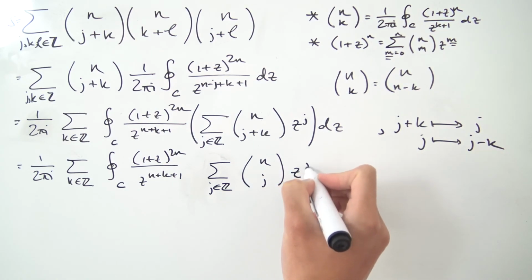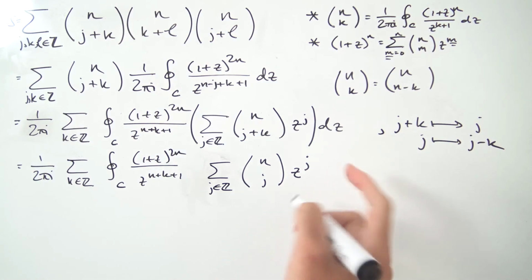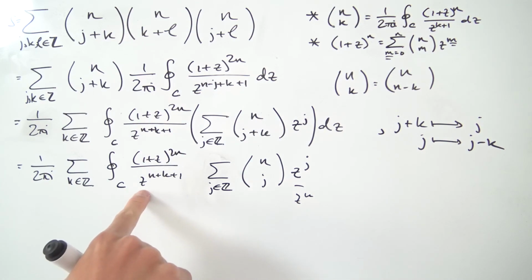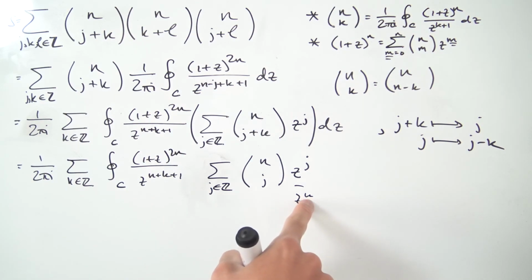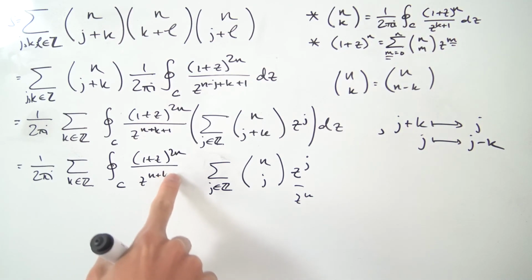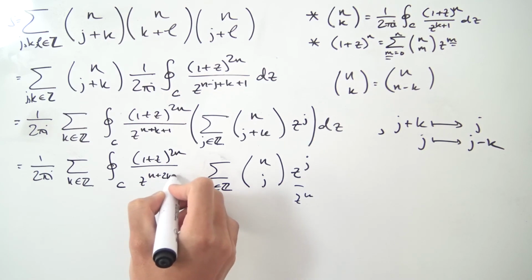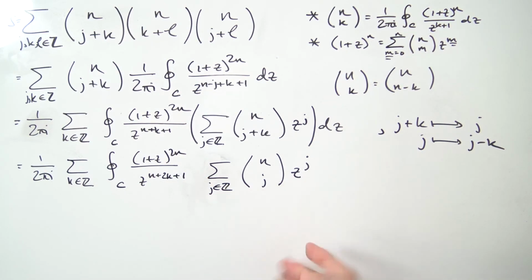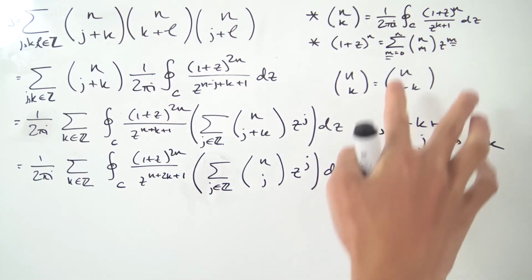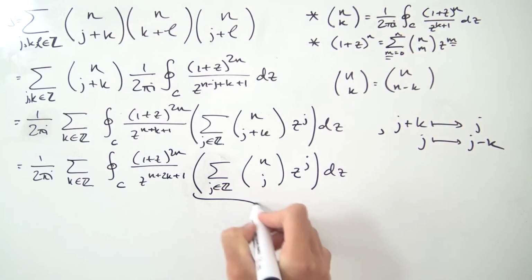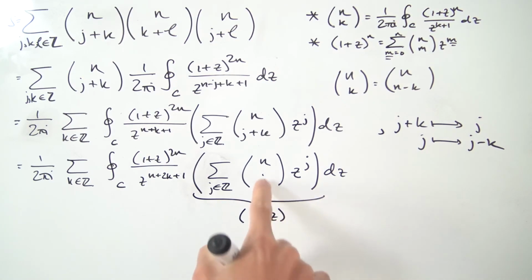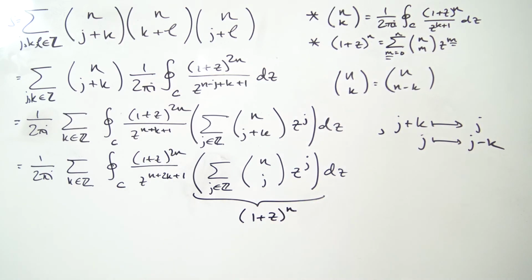So z to the j I'm going to keep, and the division by z to the k I'm going to multiply into this denominator. Notice we have a plus k and another plus k, so this actually just becomes n plus 2k, and then we have a plus 1, and also dz. Now this sum over here, we can compare it to what we had up here. This whole thing just collapses down into (1 plus z) raised to the nth power.